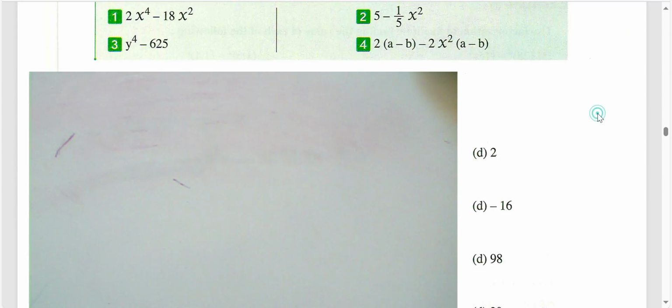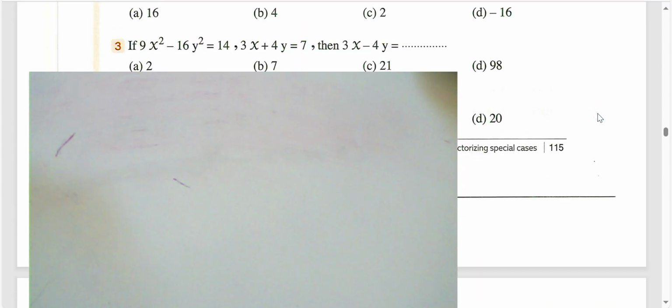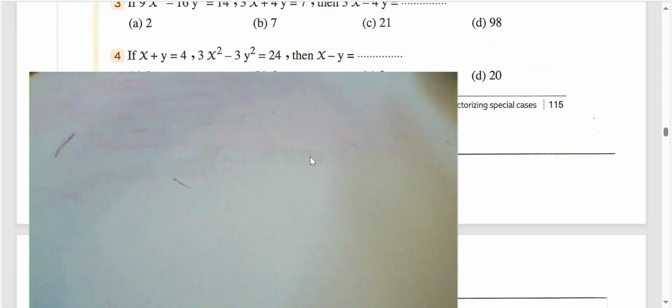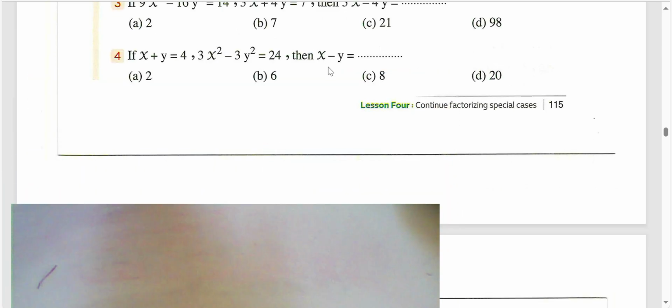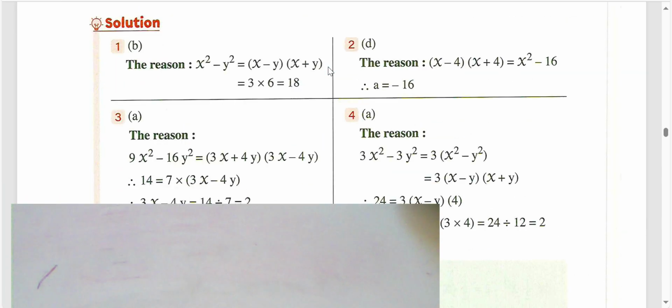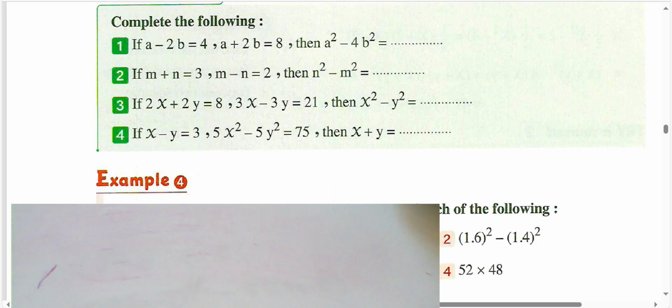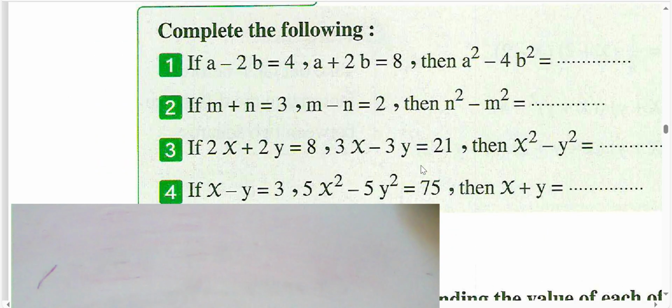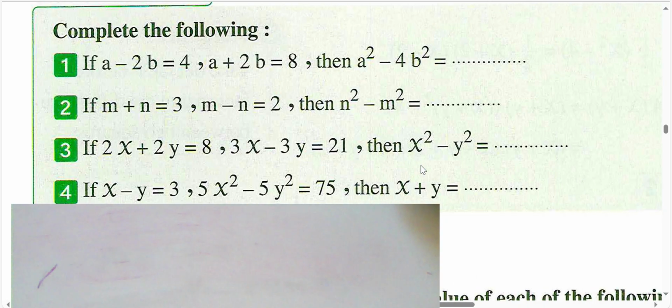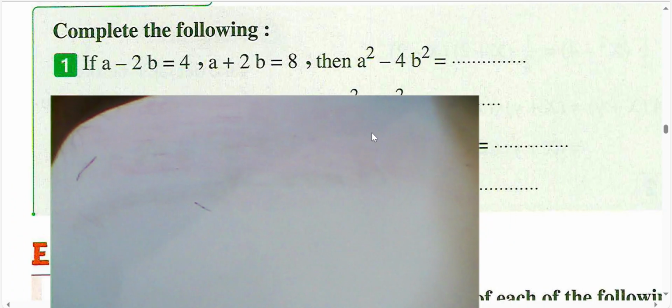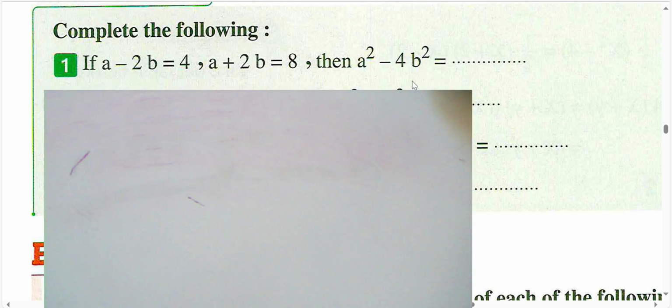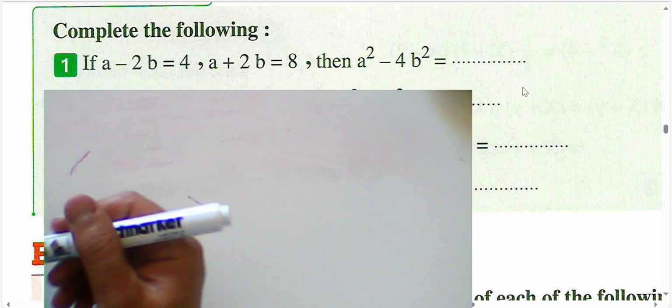Next question, try it yourself. Number 3, question number 1, complete. If a minus 2b equals 4 and a plus 2b equals 8, then a power 2 subtract 4b power 2. We can factorize this expression.